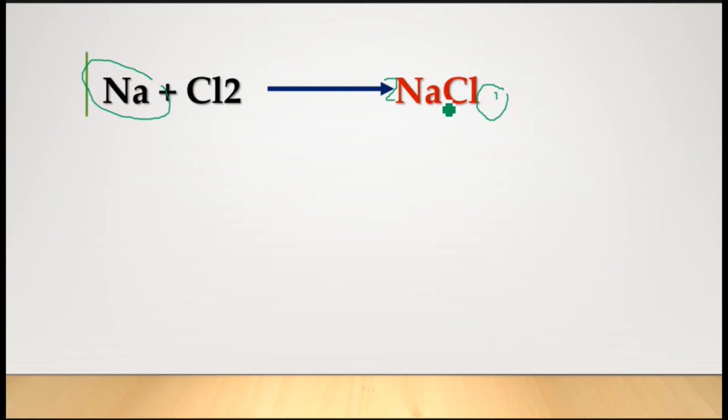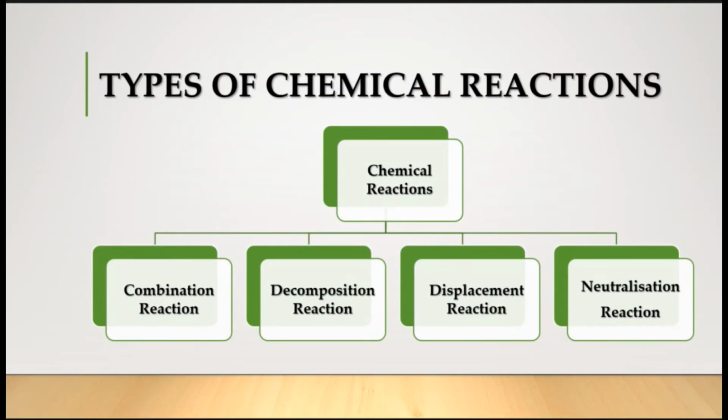So now Na here becomes 2 but here is 1, so we need to balance in the LHS. So we have to multiply sodium with 2. So now our equation is balanced. We have used 2 2's, okay? So this is how we balance the equation.